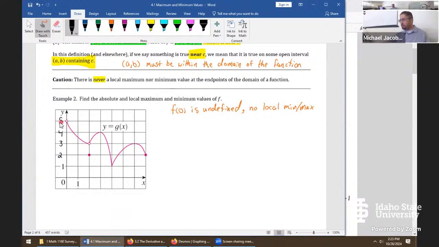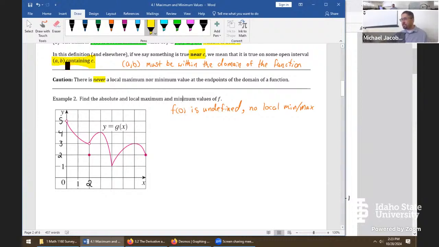Okay, well, as we move through the graph, we have a nice continuous curve until we get to the removable discontinuity. So something interesting may be happening around 2, but because we're only concerned about local values, we put in an open interval around a, b containing the number c, which is 2 this time.